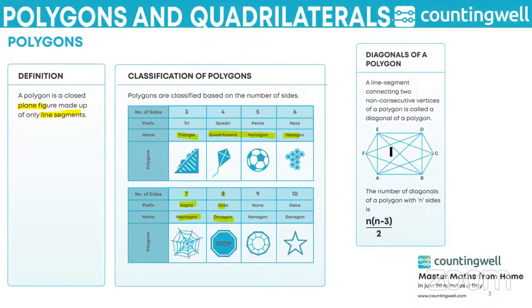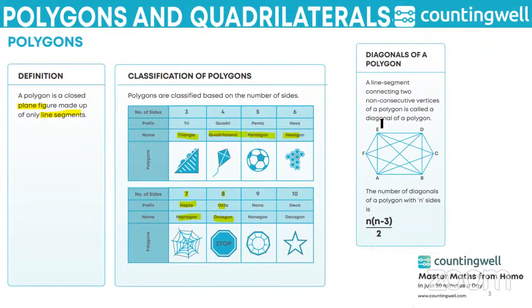Let us see diagonals of a polygon. A line segment connecting two non-consecutive vertices of a polygon is called a diagonal of the polygon. So, here you can see one hexagon.